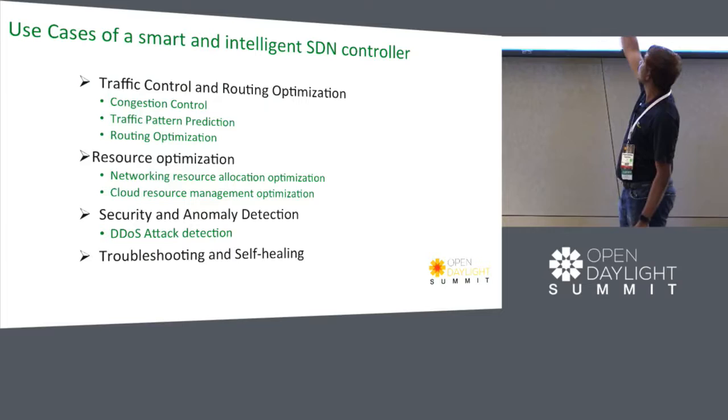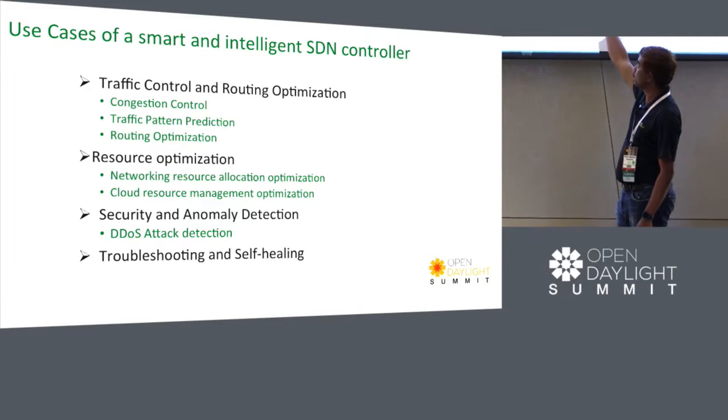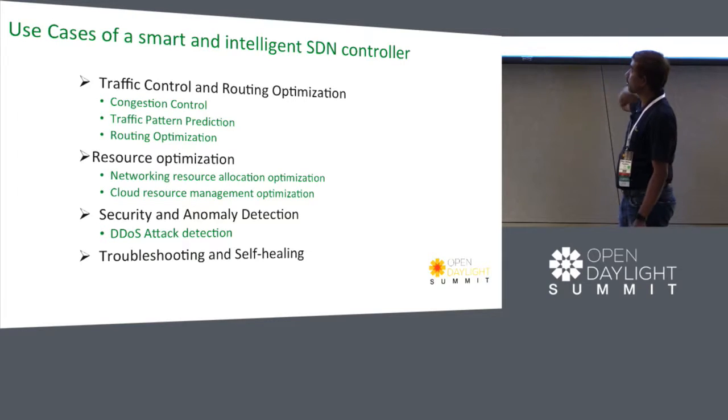So one is traffic control and routing optimization. For example, you can do predictive congestion control, traffic pattern prediction, routing optimization, resource optimization, whatever I was mentioning. So network resource allocation and optimization, cloud resource management optimization. This is an interesting one, security and anomaly detection.